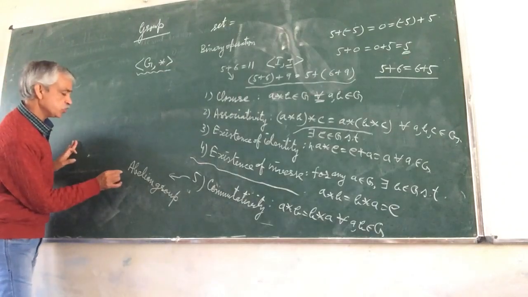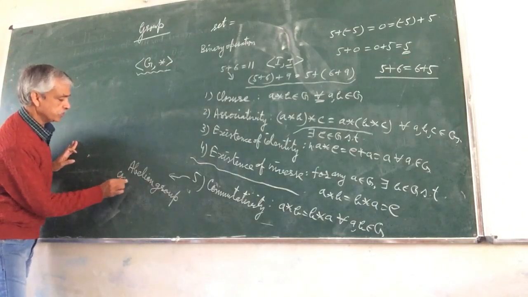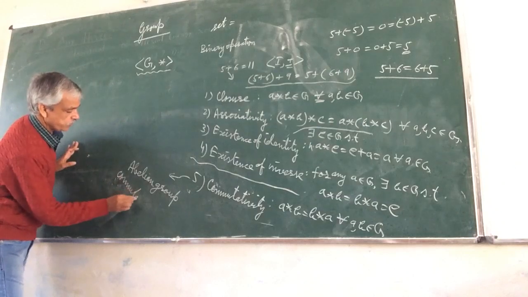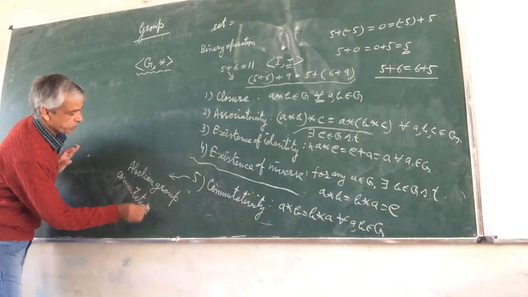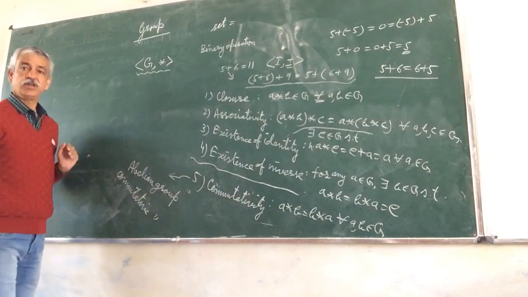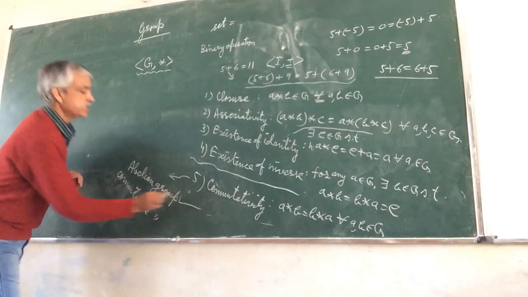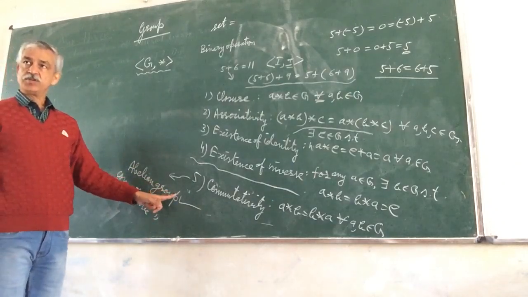It is sometimes also called commutative group, but mainly this term is used, abelian group.